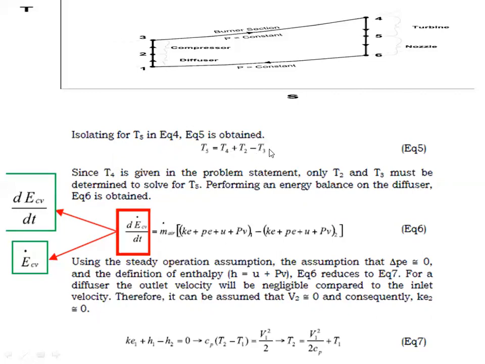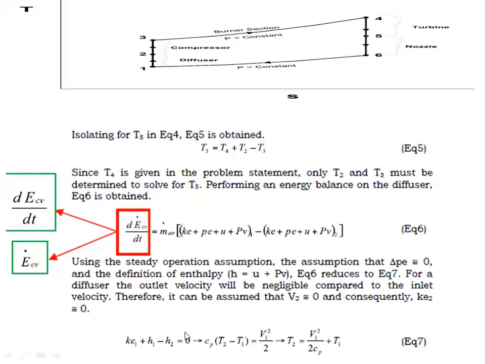To calculate temperatures T2 and T3, we need to take the steady flow energy equation. Let us take the diffuser, process 1 to 2, which is the diffuser process, isentropically compressed. For 1 to 2 you take the steady flow energy equation, or energy balance equation.